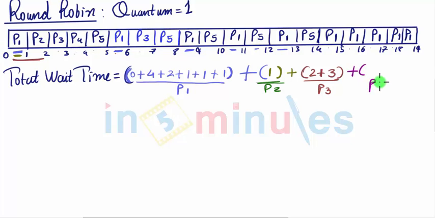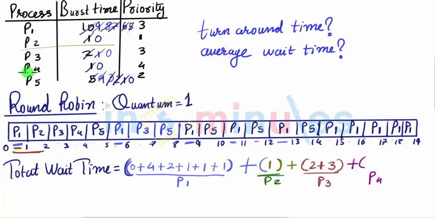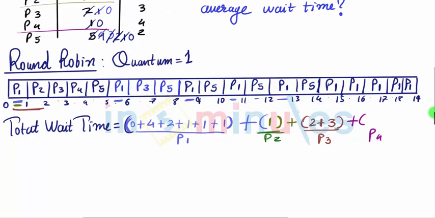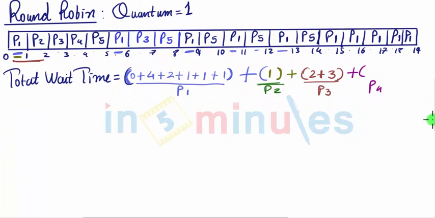Plus, let's go with the next. Talk about P4. Now P4, remember, P4 only lasted for 1. So be careful. Again, P4 started at 3. So it waited till 3 and then nothing. So P4 only waited for 3 burst cycles and then it started.